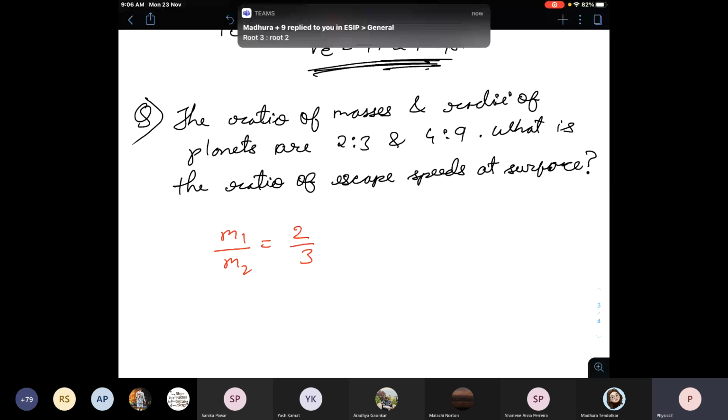What they are asking is the escape velocity of planet 1 upon escape velocity of planet 2. This is the ratio which they are asking.